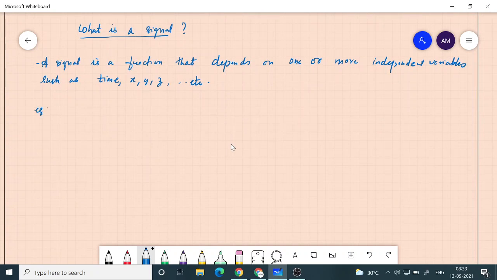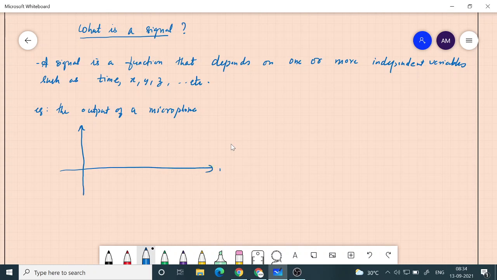Examples: the output of a microphone. Okay, so the sound signals will be converted to electrical signal by the microphone, and if you look at a typical plot of this signal, the independent variable is time, and as you speak you will have this kind of variation.